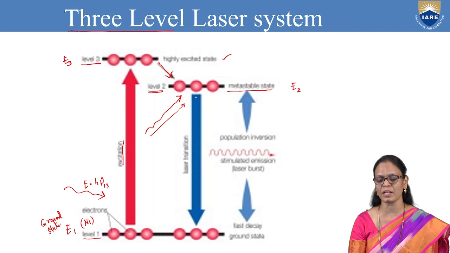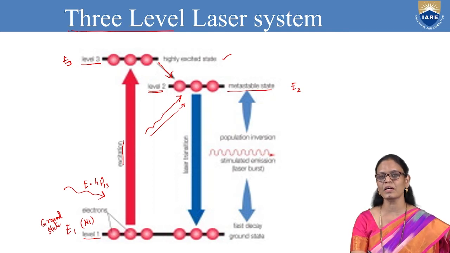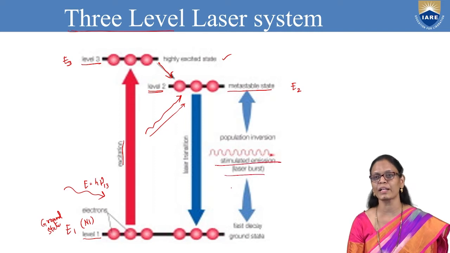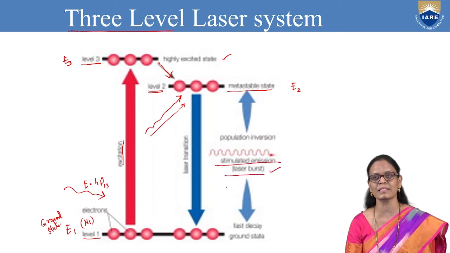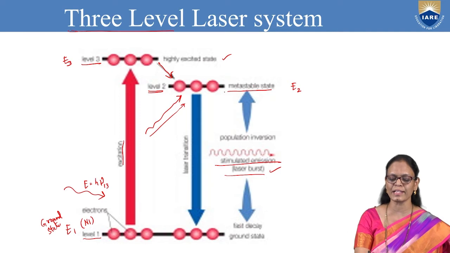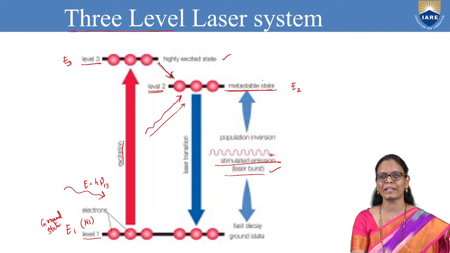So when the transition happens from the metastable state to the ground state, whatever the energy that is incident and whatever the difference in energy is being emitted. So we will call this stimulated emission, and we will have a laser burst. That is the greatest advantage of having a metastable state.